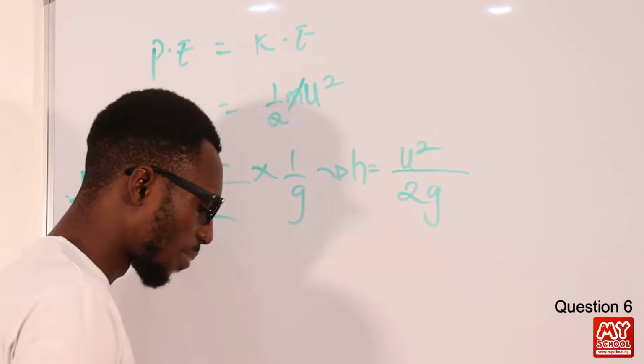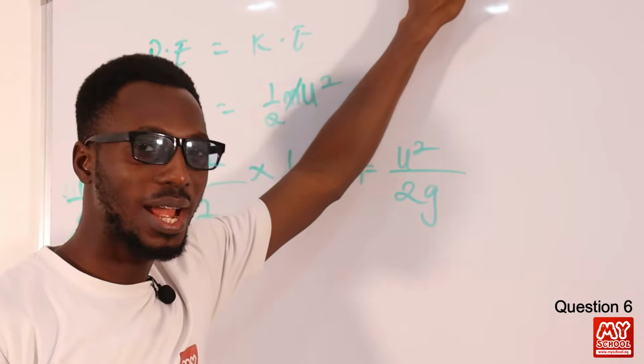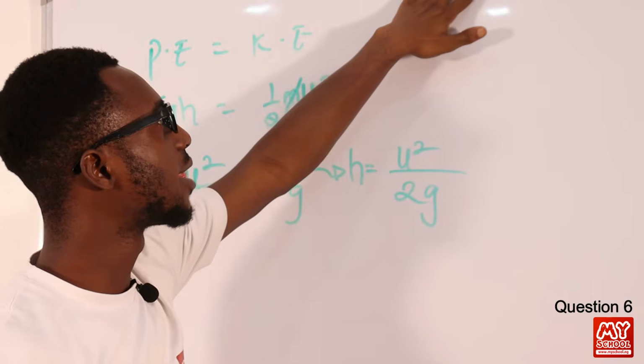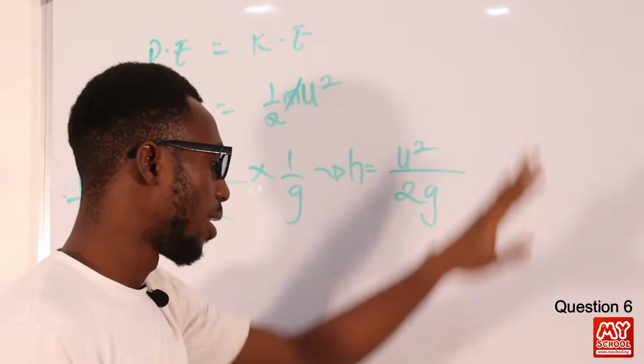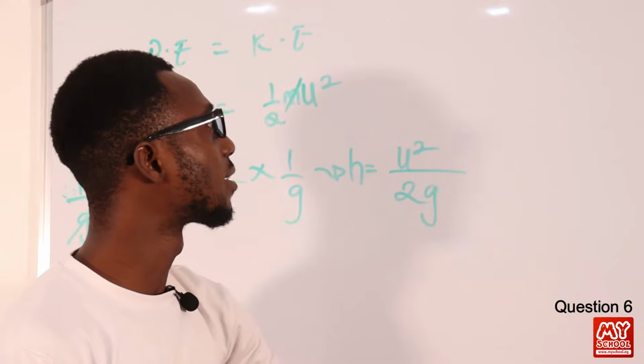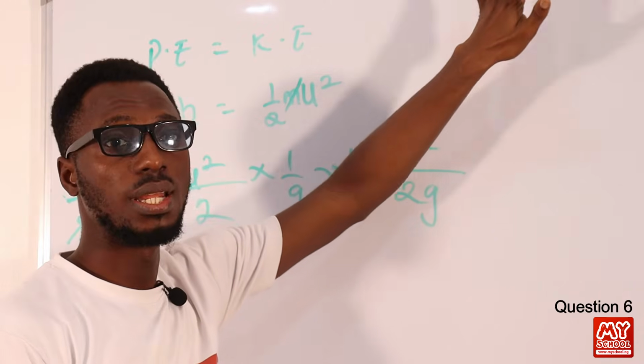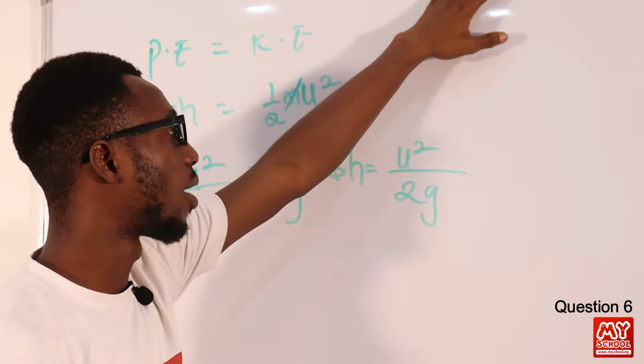So you know that at the maximum height, it is all potential energy. So KE right here is 0, PE is maximum. Right here, PE is 0, KE is maximum. Because right here, you're talking about potential energy due to the level or position of a particular object.